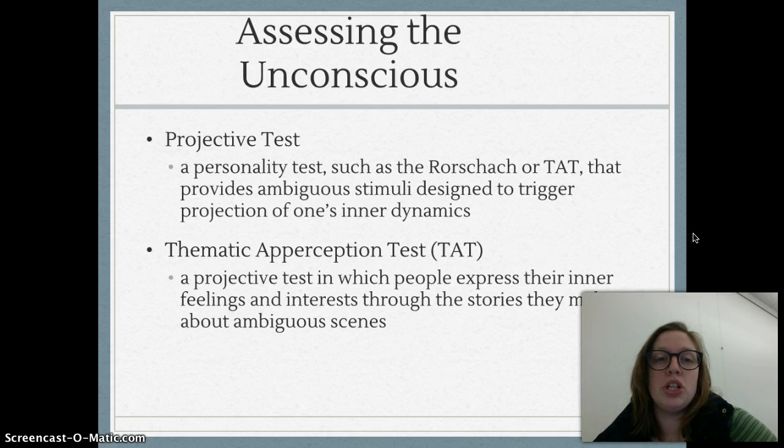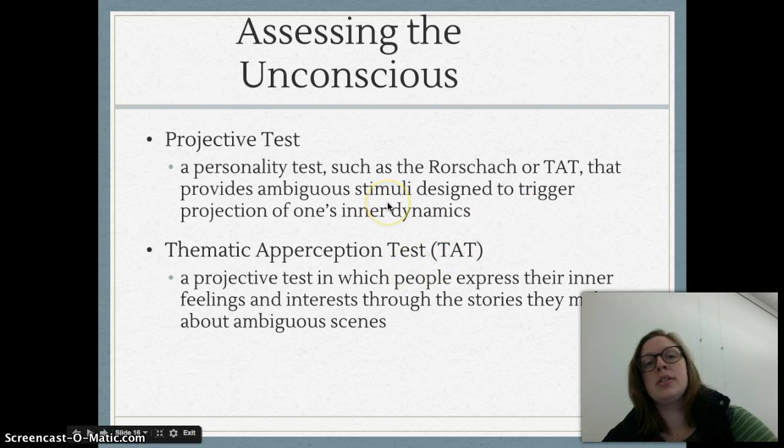The first are called projective tests. Instead of objective tests that remain unbiased, a projective test is where the individual projects the inner dynamics of their personality onto different inanimate objects.